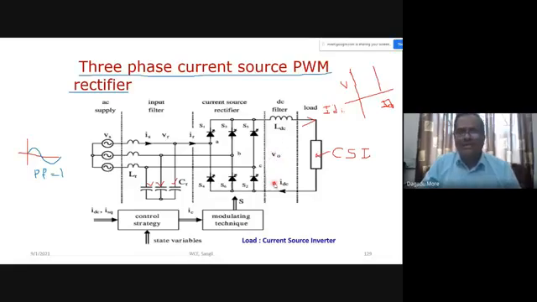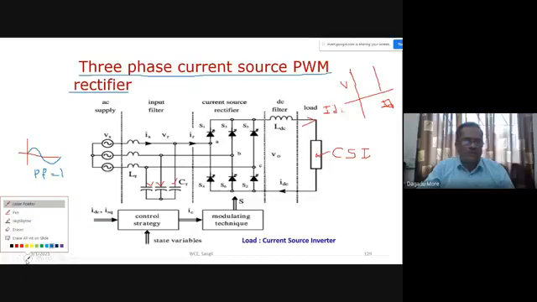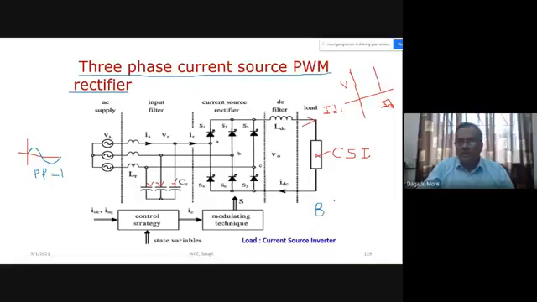The output voltage of the current source PWM rectifier is less than the input voltage, so it works in buck mode. That is one peculiarity.